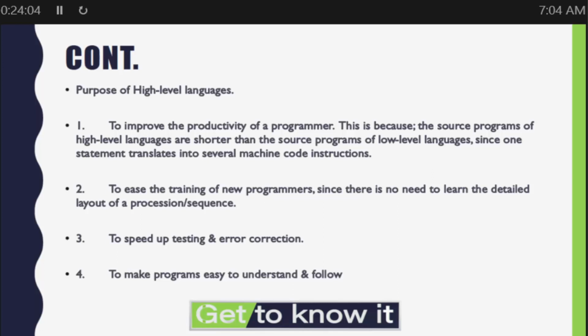Another purpose is to make programs easy to understand and follow. This was another drawback of low-level languages, that they were a bit hard to understand and also to develop. So the purpose of developing high-level languages was to enable programmers to understand and follow their program statements.